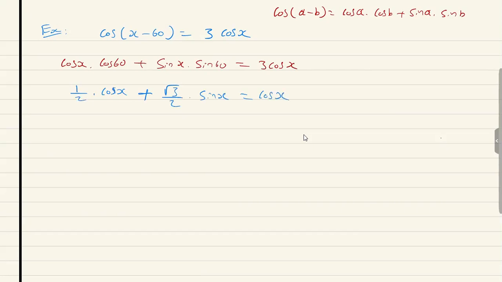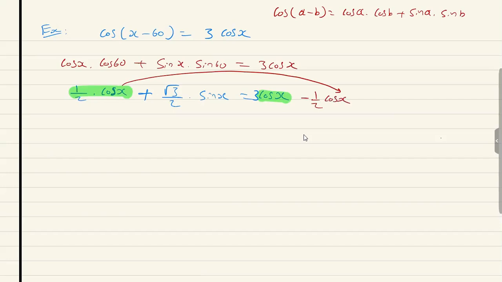Now, as you can see, I have cosine x here and also 3 cosine x, so they are like terms. Take this 1 over 2 cosine x to the right hand side, it will be minus 1 over 2 cosine x.